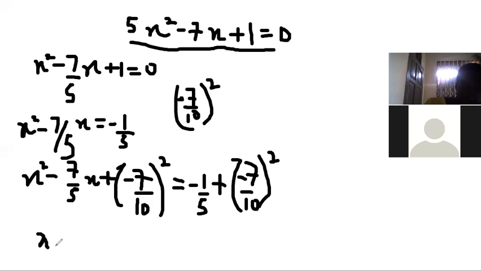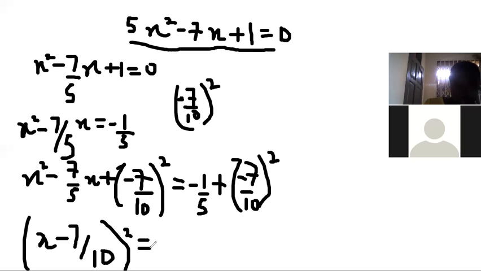So we are going to get x minus 7 all over 10 squared is equal to negative 1 all over 5 plus positive 49 over 100, which gives 29 all over 100. So that is it.